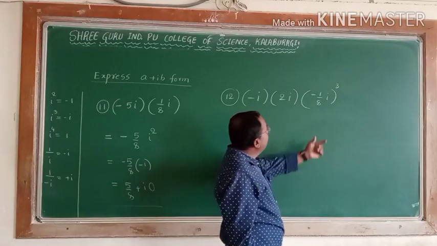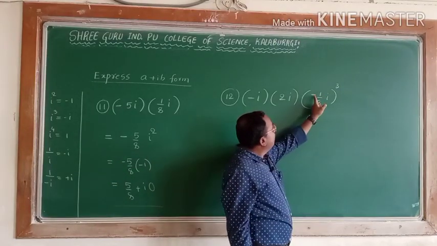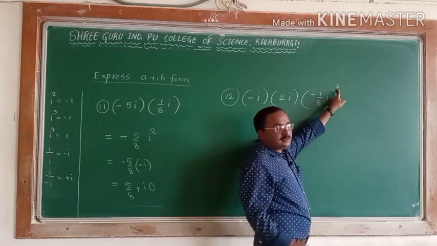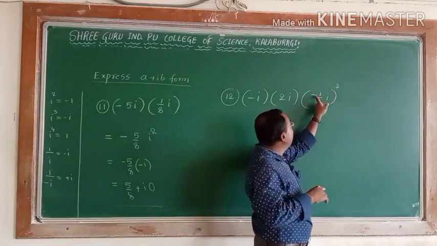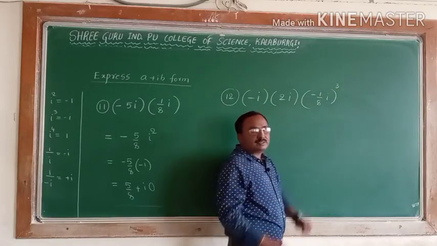Write this carefully. Negative to the power odd is there. Just note previous: negative to the power odd, negative present.